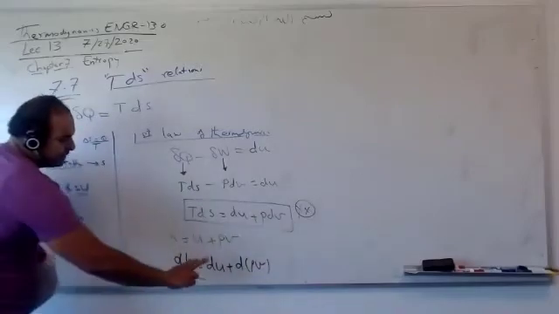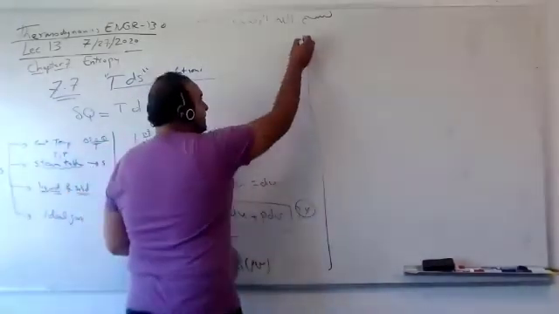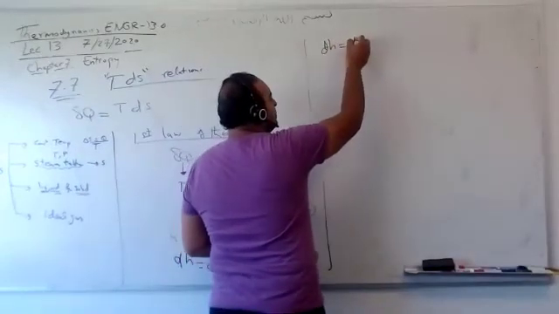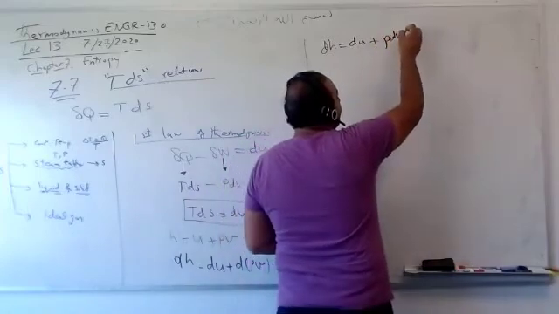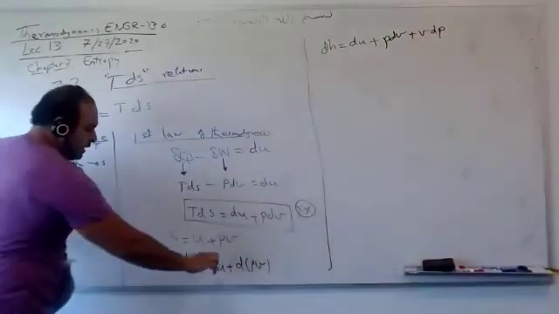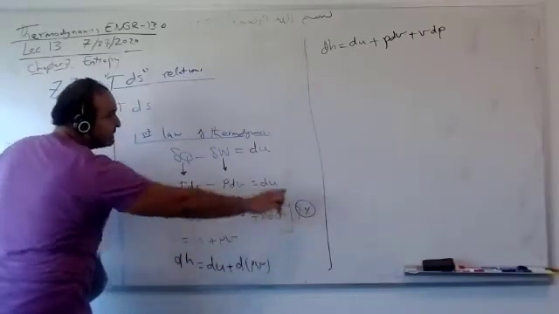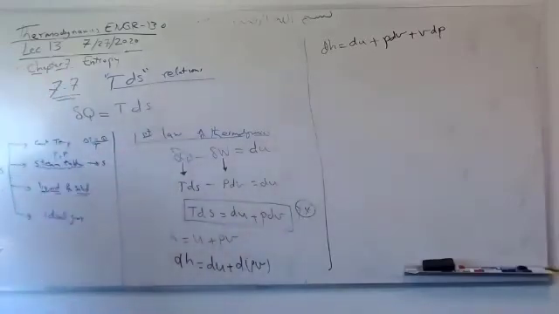When you differentiate the multiplication of 2 variables, you can say dH equals du plus 2 things: PdV plus VdP. Fix the first, differentiate the second, PdV. Fix the second, differentiate the first, VdP.